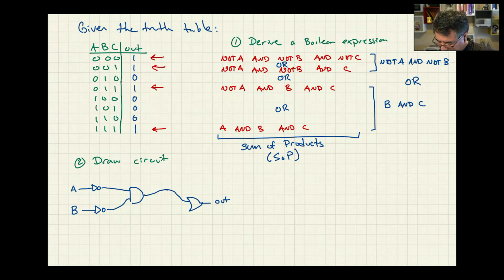And then for the bottom, I've got an AND. I have B going in without going through a NOT, and then C going in also not going through a NOT. And the output of that AND goes into the OR.